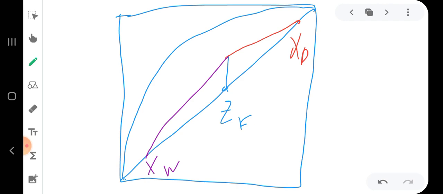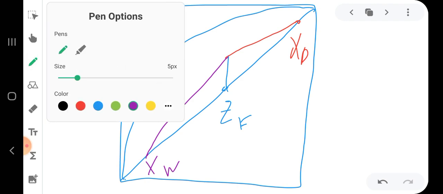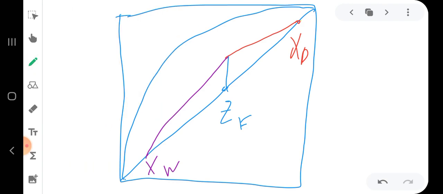After drawing these lines, as we discussed in the previous video, we are going to count the number of stages. Starting from xD, we go until we hit here: one stage, second stage, and this is the third stage. So as you see, we have 3 stages.